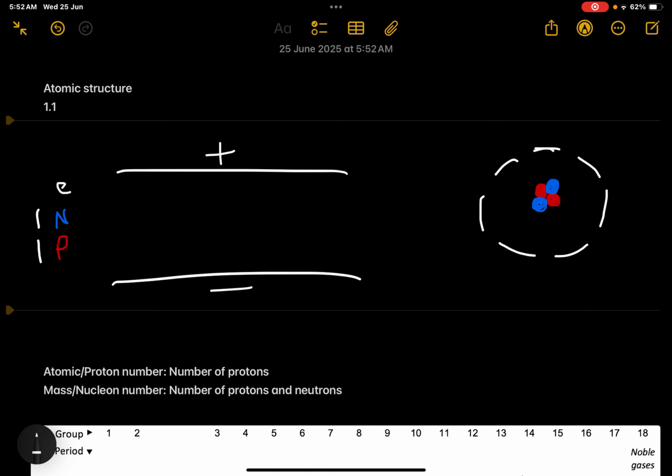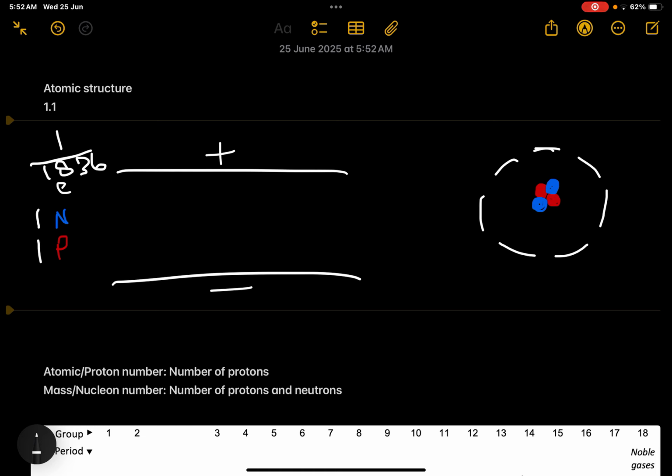Its mass is one part when we divide the proton or neutron into 1836 parts. It's quite small in comparison.